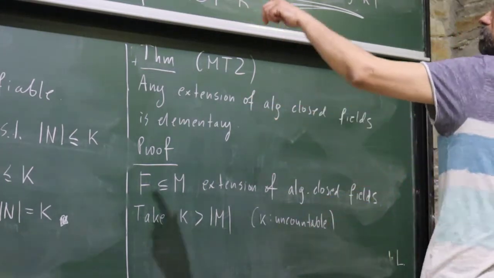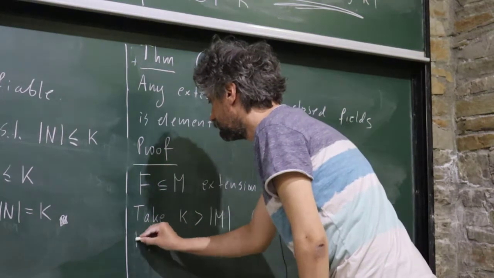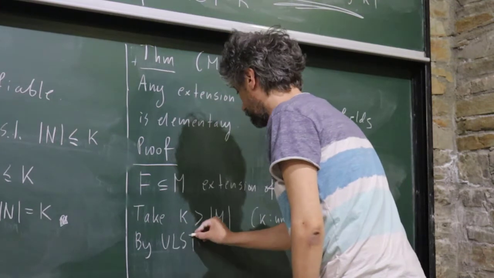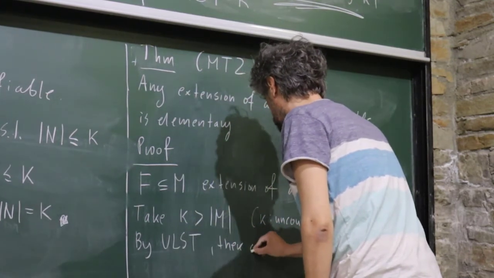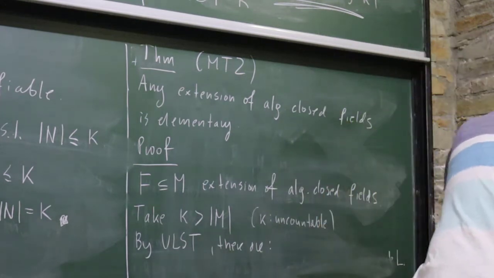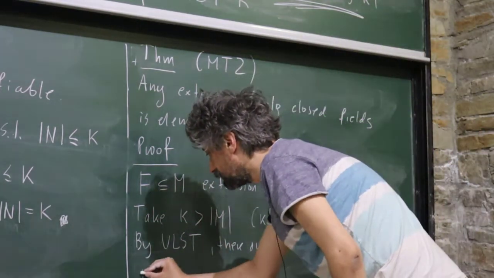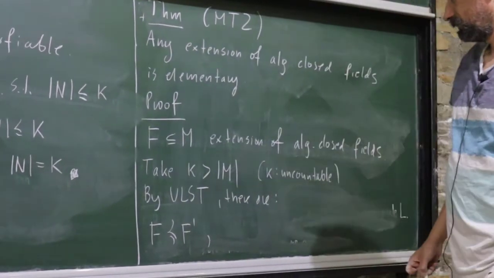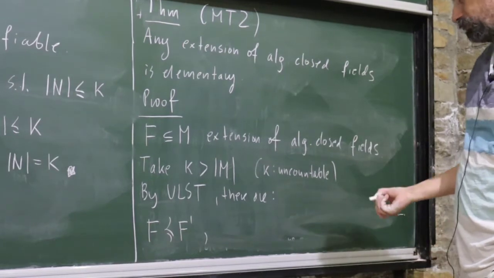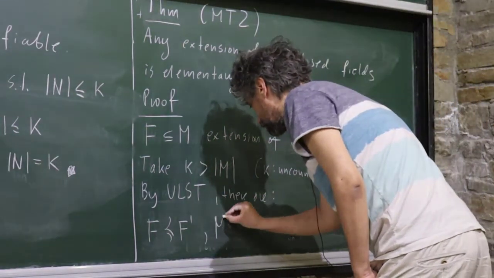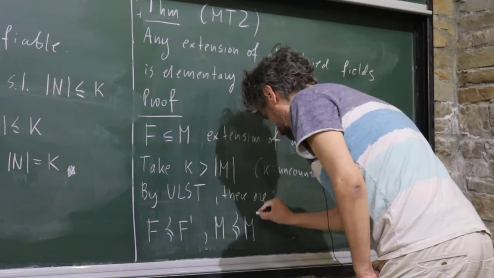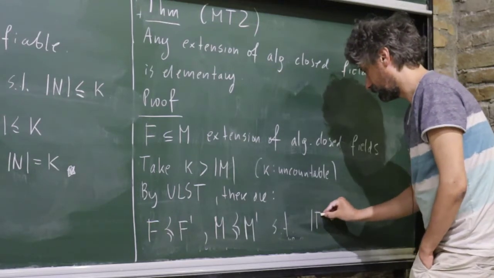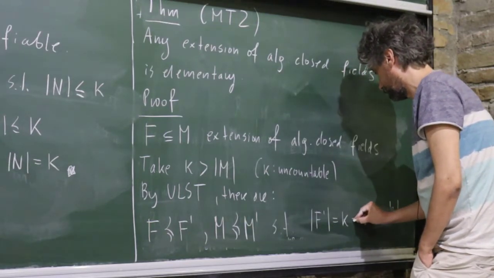And we apply the upward Löwenheim-Skolem theorem. There are elementary extensions here, elementary extensions in the language of rings of fields, such that they are all of cardinality kappa.